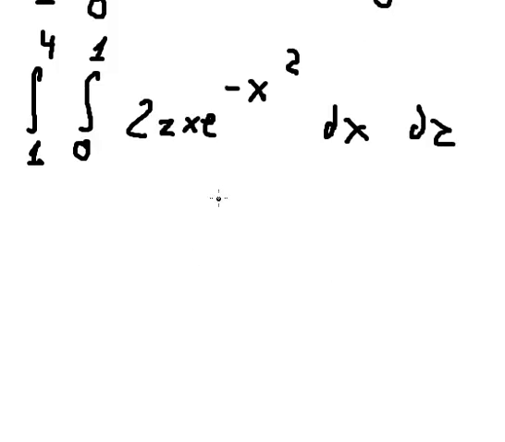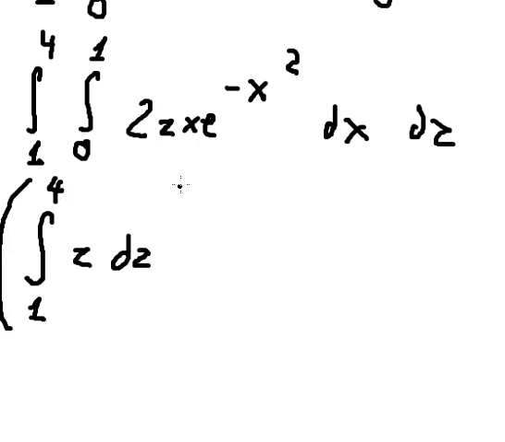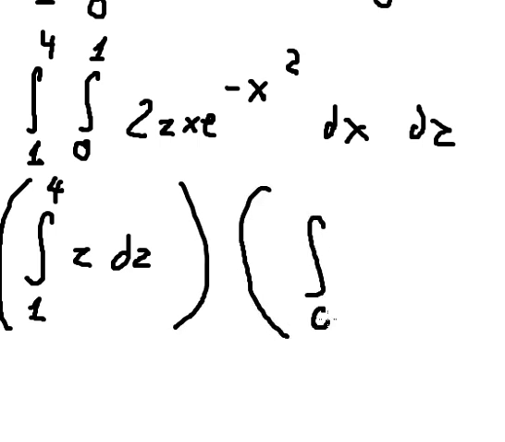For this one, we can put like this. This one for the z, so we put z in here. Multiply by this integration from 0 to number 1, and that is about 2s e to the power of negative s squared ds.